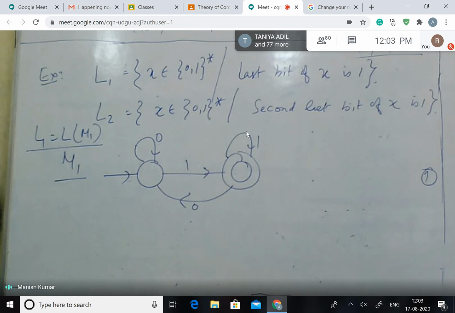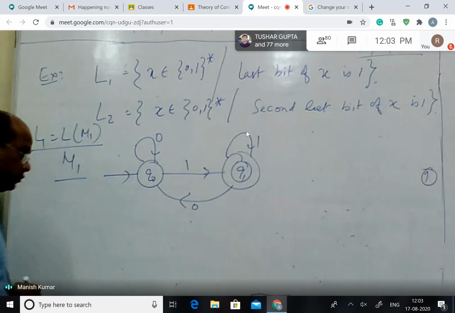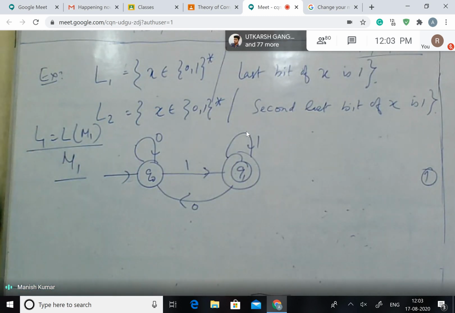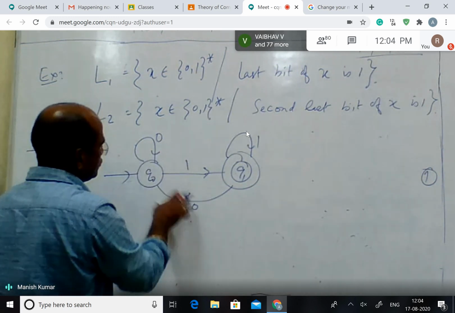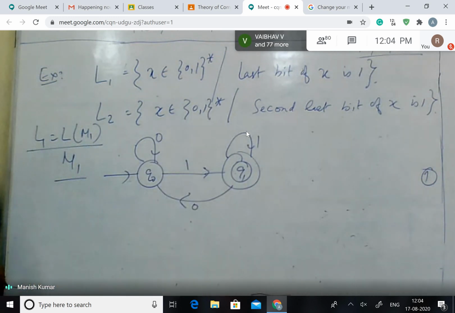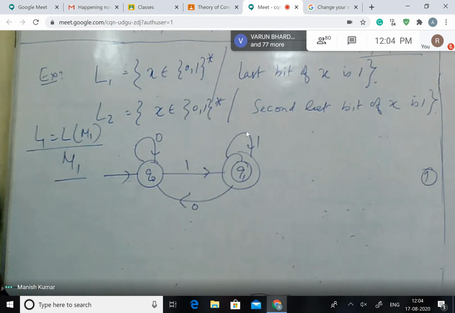So this you can say is Q0, and this is Q1. Q1 is your final state, whereas Q0 is the initial state, and we have defined transitions for 0, 1 for each of these. That is fine for me. So this signifies the first language.